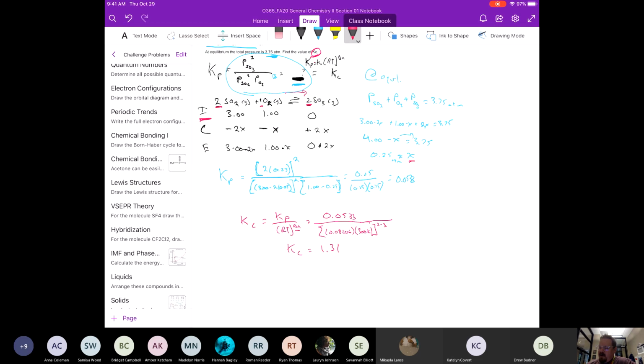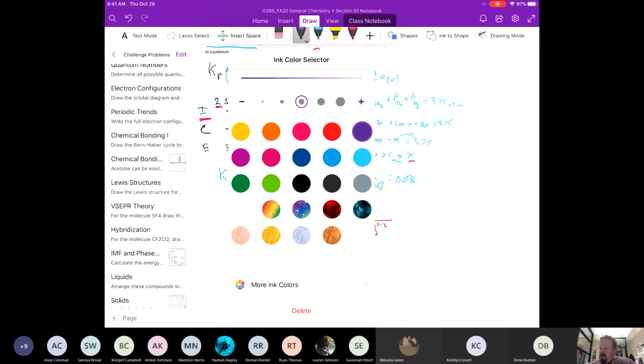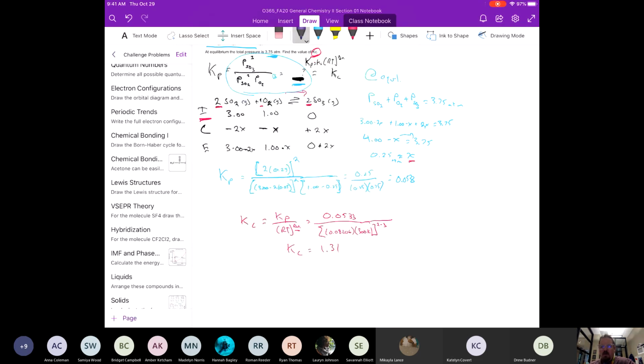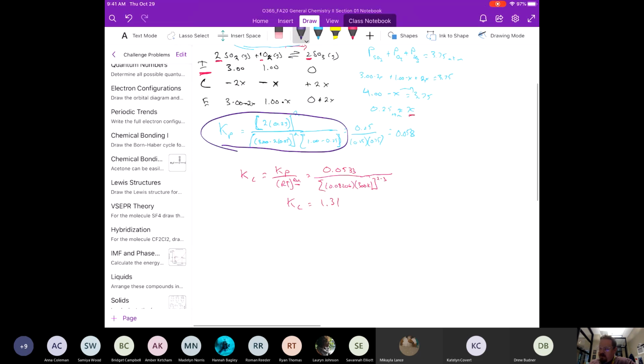One other thing that you may have to do is, if we end up with an expression that ends up being squared, we might have to use the quadratic equation. Pythagorean theorem is for triangles, right?